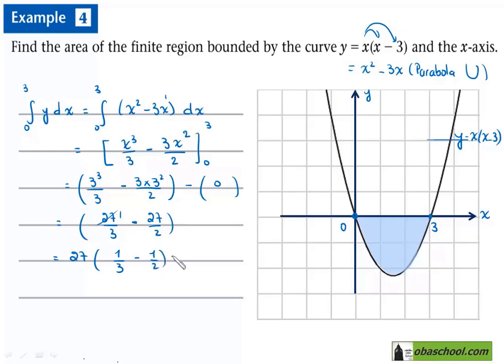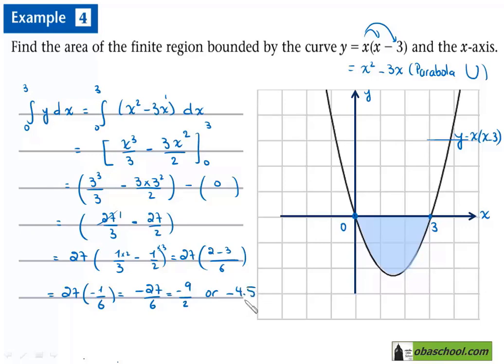Inside the parentheses we take a common denominator, which is 6, because here we multiply by 2 and here we multiply by 3. So 2 minus 3. 27 multiplied by minus 1 over 6. So minus 27 over 6, if we simplify, then it is minus 9 over 2. Or in decimal form, it is minus 4.5.